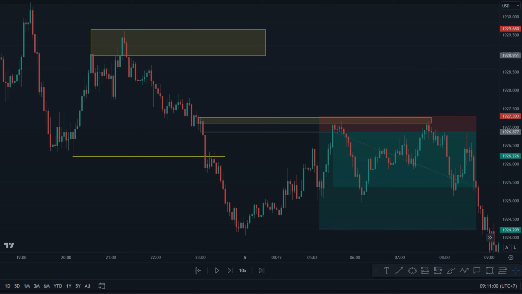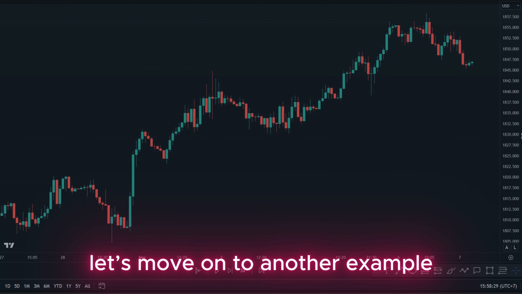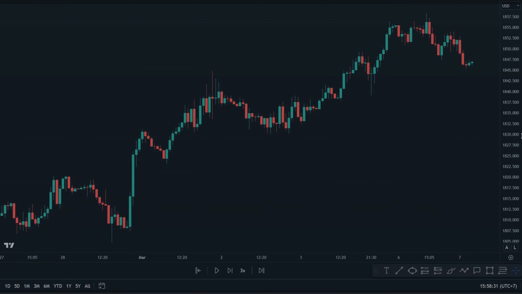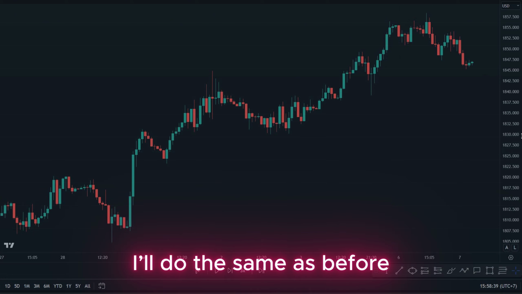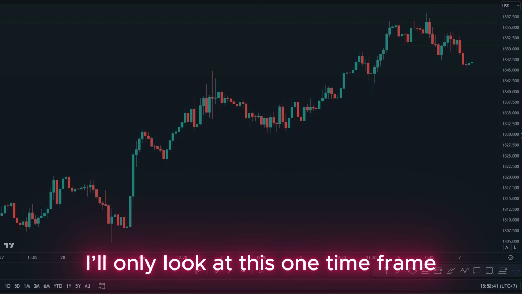Let's move on to another example. Now I have an uptrend. And to make this problem simpler and easier to understand, I'll do the same as before. I'll only look at this one time frame. And I also know that this uptrend will continue to rise. So the problem now is simply finding the entry point for a buy order.